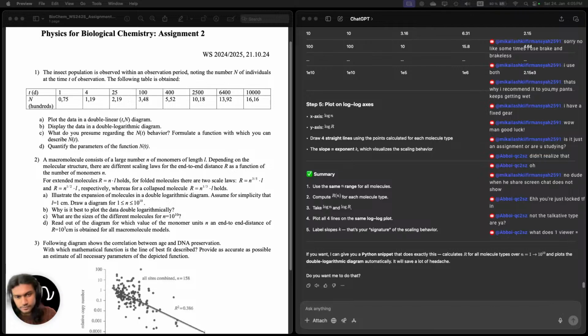It's increasing. That's good. 10 raised to 6. Okay. So that's for that one.